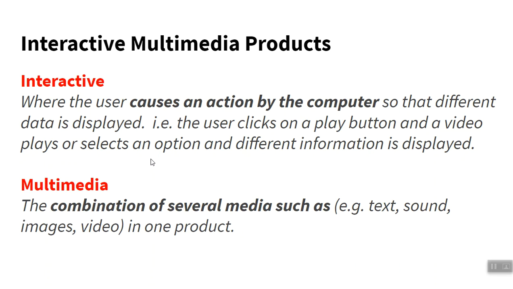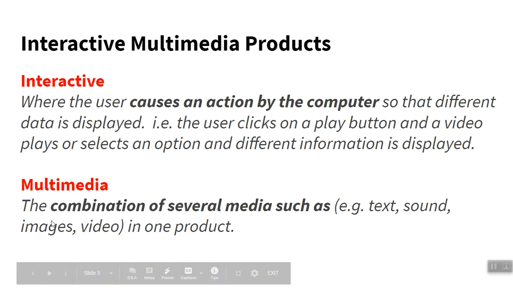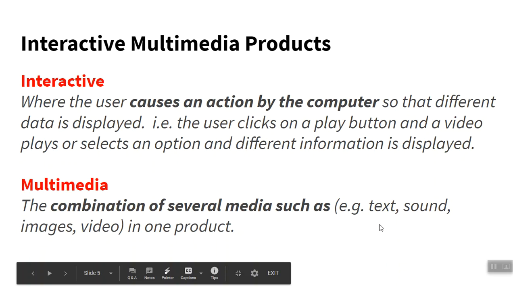Multimedia, you've probably got some understanding of what that word means. Multi means a combination, more than one type of media. And by media, we're talking about things like written text, sound, so speech, music and sound effects, images, and video. And it's all combined into the same product. It may not be that all four of those things are there, but it means that at least two of them are.